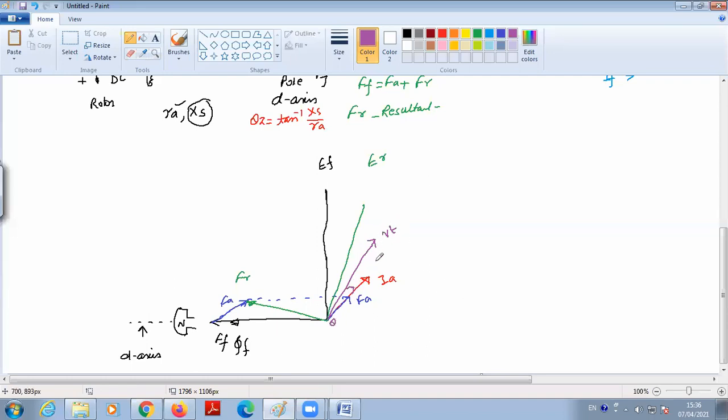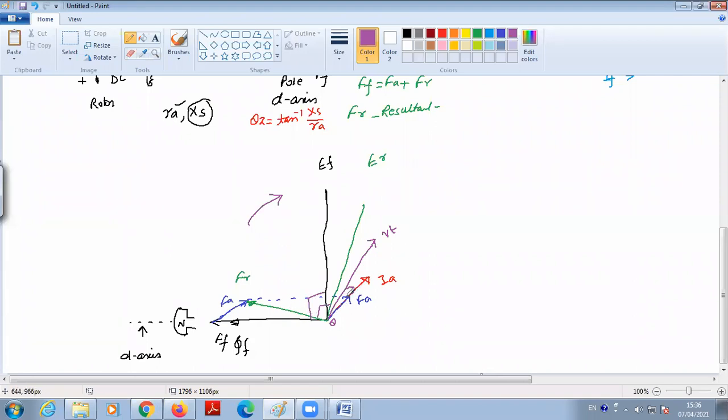No doubt, when there is a field MMF, it produces EMF which is lagging by 90 degrees, EF. Resultant MMF also produces EMF which is lagging by 90 degrees.